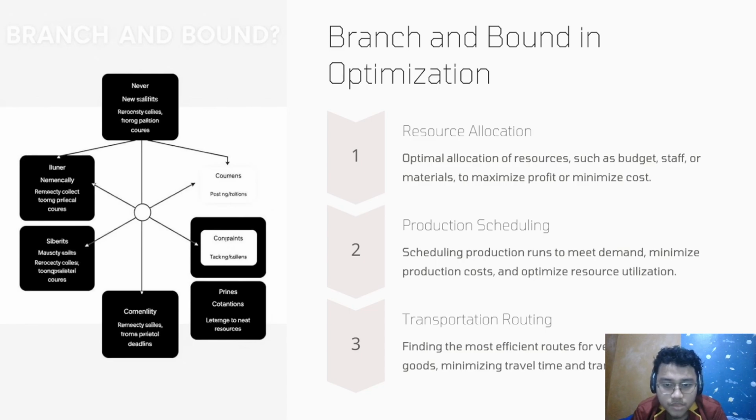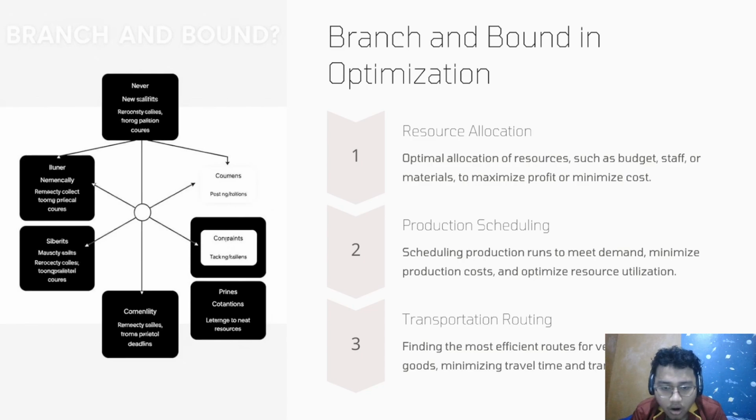Factories and companies use branch and bound to schedule production runs. It helps in minimizing costs, reducing waste, and optimizing machine usage. The third one is transportation and logistics. Finding the most cost-effective delivery routes for logistics companies helps in minimizing fuel consumption, travel time, and operational costs.